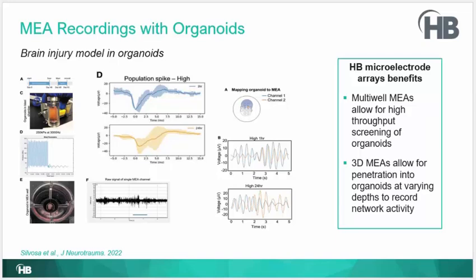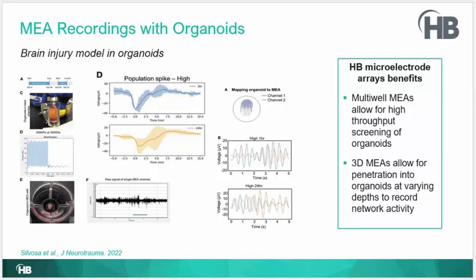An example I have of that kind of technology being used with our product portfolio is shown here. Silvosa and colleagues developed an in vitro model of brain injury to look at traumatic brain injury. They would grow these organoids in multi-well microelectrode arrays, and they would use this device up here in panel C, using magnets to basically replicate a concussion kind of experience with the organoids.